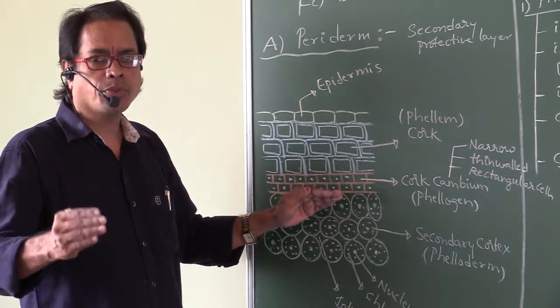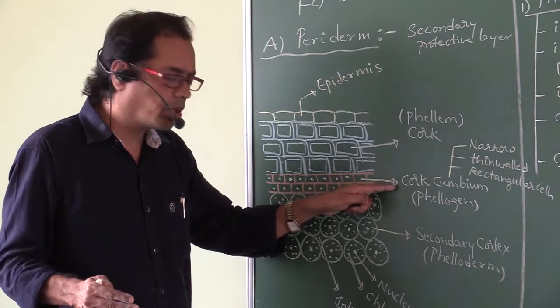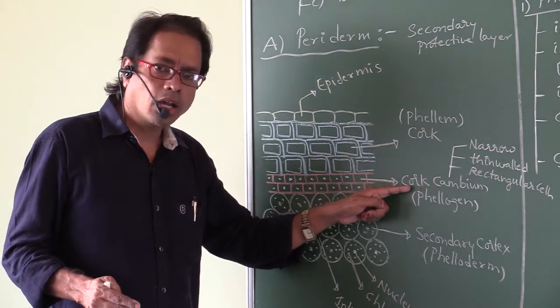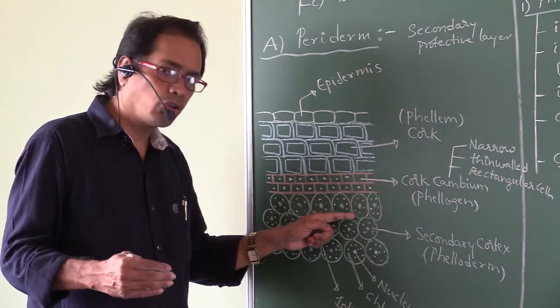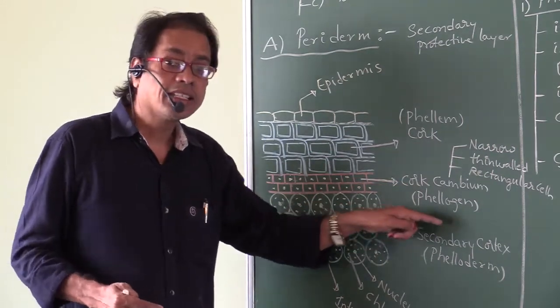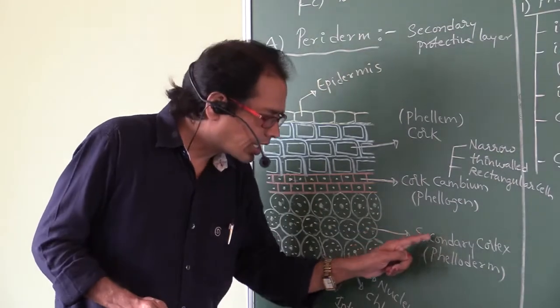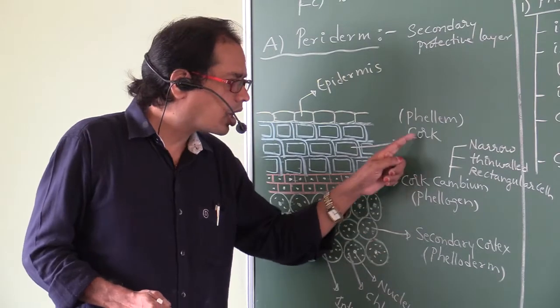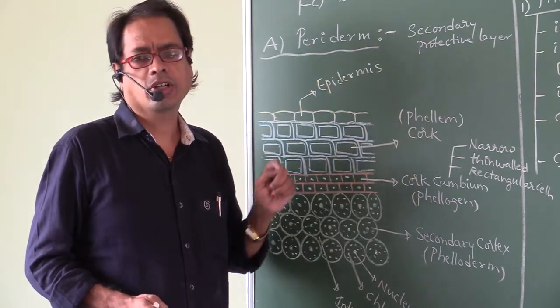The tissue produced towards the outer side is called cork. The tissue produced towards the inner side is called secondary cortex. Secondary cortex is also called phelloderm. Cork is also called phellem.